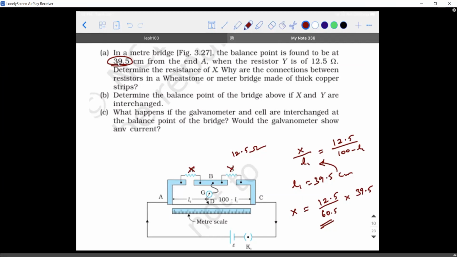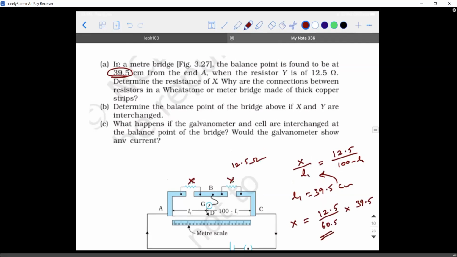Second, determine the balance point of the bridge above if X and Y are interchanged. What will happen? If X is brought here and Y is brought here, then L1 will become 60.5 and L2 will become 39.5.